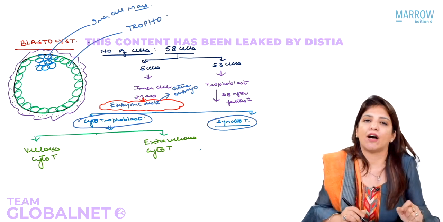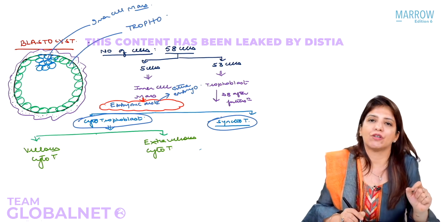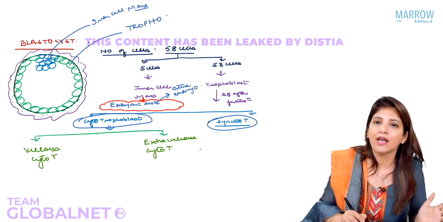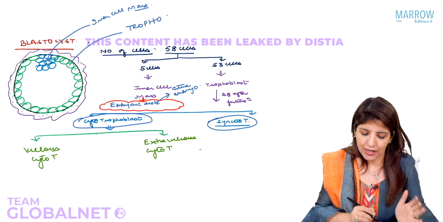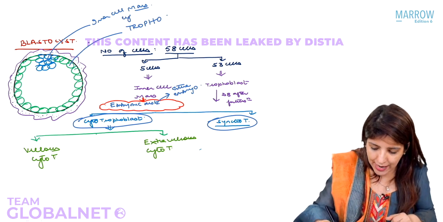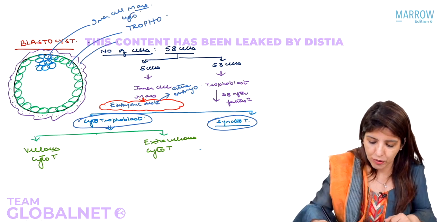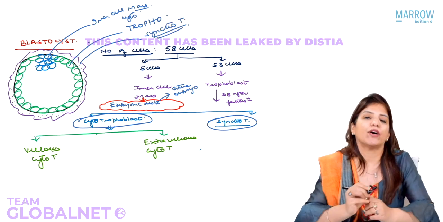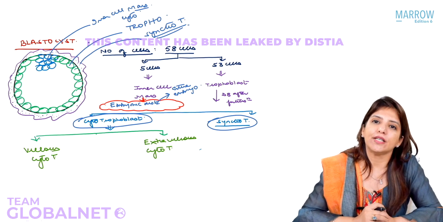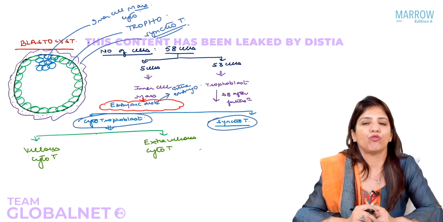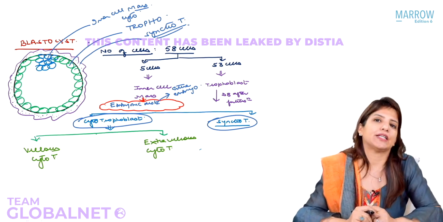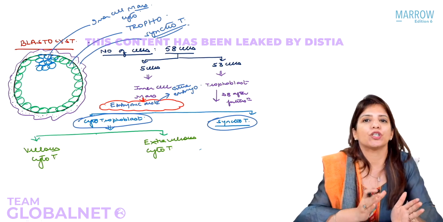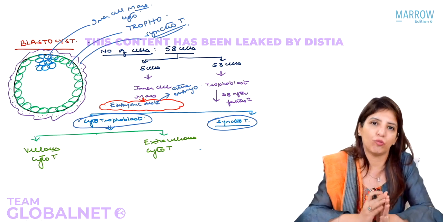So on day 8 after fertilization, trophoblast divides into cytotrophoblast and syncytiotrophoblast. This green color is cytotrophoblast and this purple color is syncytiotrophoblast. If someone asks you from where the syncytiotrophoblast is derived, please remember that it is the cytotrophoblast which gives rise to the syncytiotrophoblast.